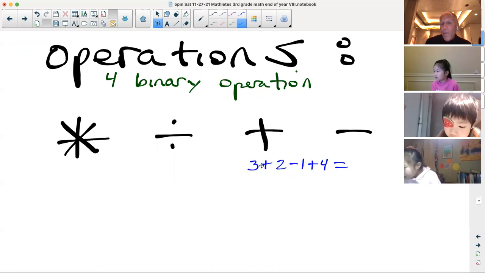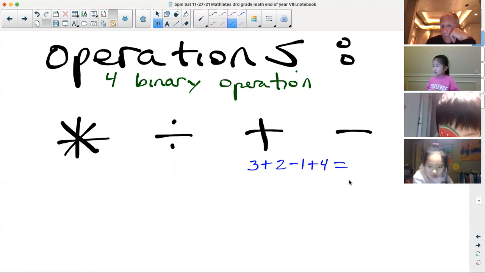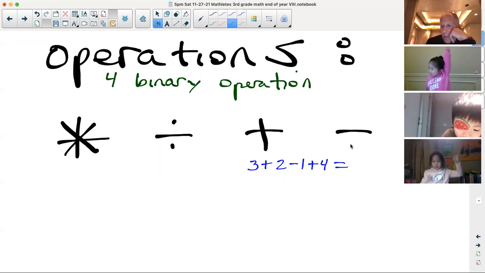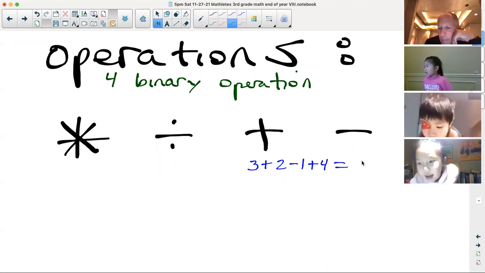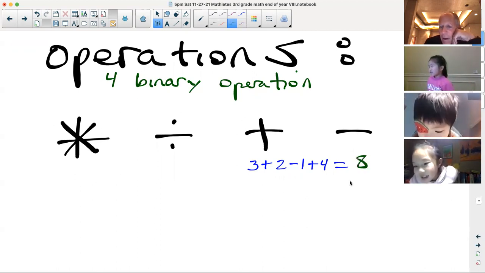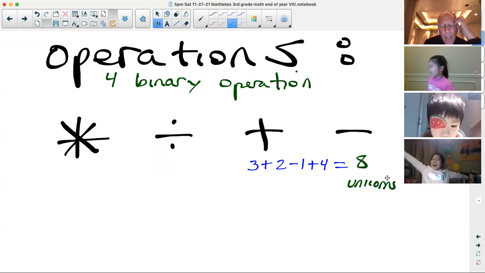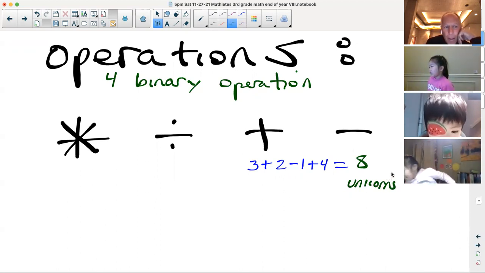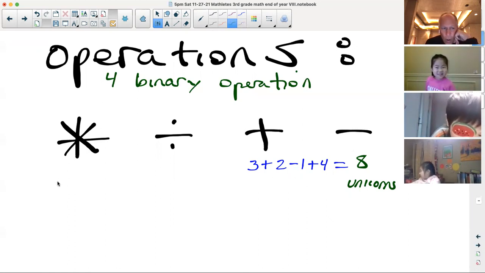Who can tell me how many unicorns we're dealing with here? On 3, say it. 1, 2, 3, go. 8. There are 8 unicorns. That's exactly right.